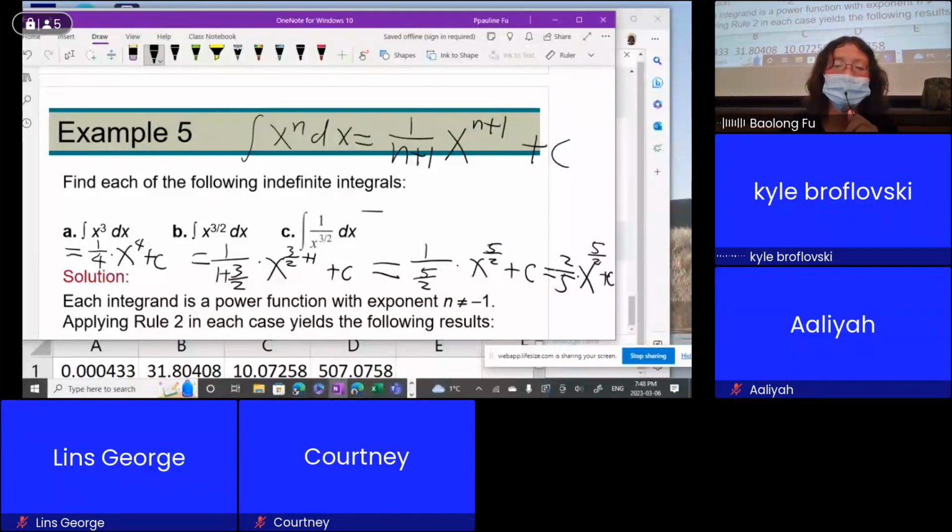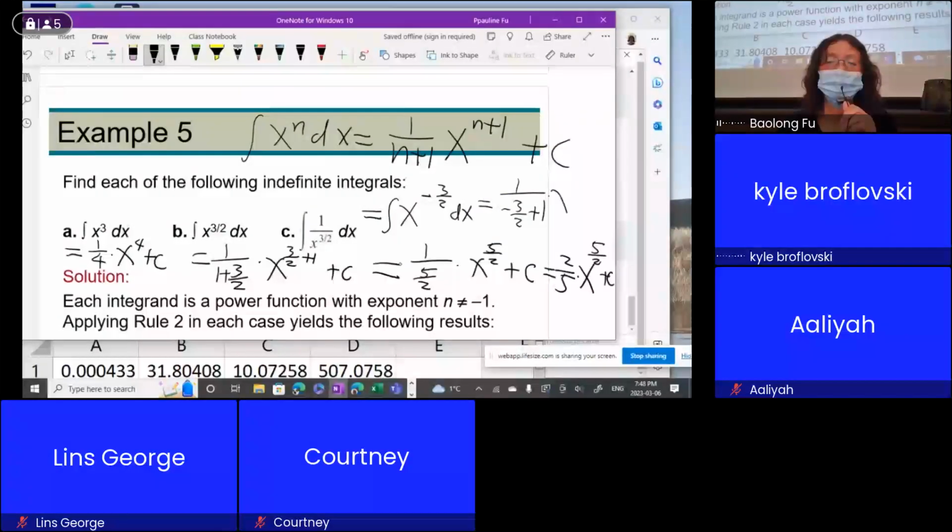Question C. You need to rewrite question C as x raised to power negative 3 over 2. So n is negative 3 over 2, and then apply the formula. So equal to 1 over n plus 1, negative 3 over 2 plus 1, x raised to negative 3 over 2 plus 1, plus c.